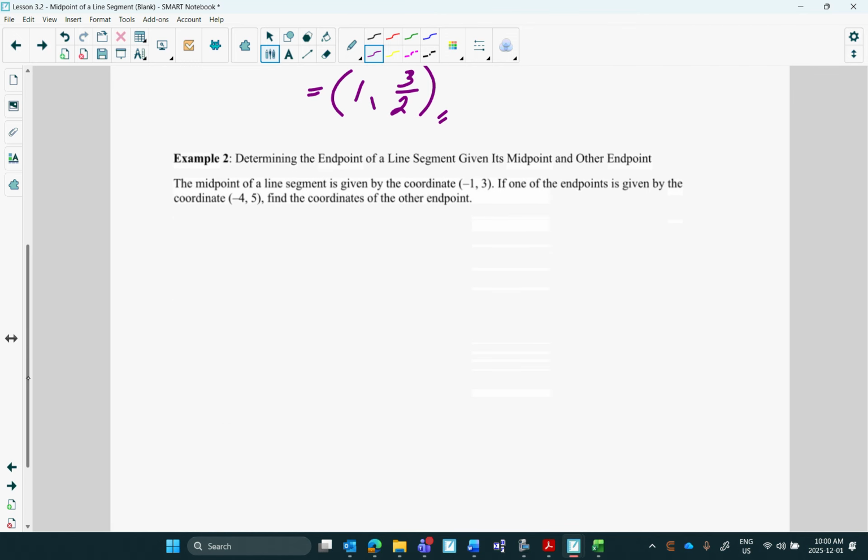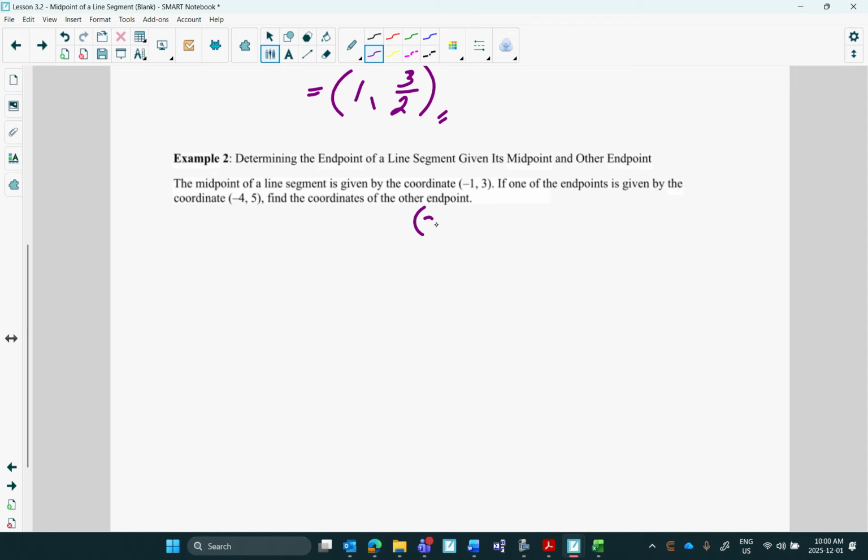But what if you were asked to work backwards? What if you were given only one endpoint, the midpoint, and asked to find the other endpoint? So we're told what the midpoint is. We're told what one of the endpoints is, but we don't know the other one.